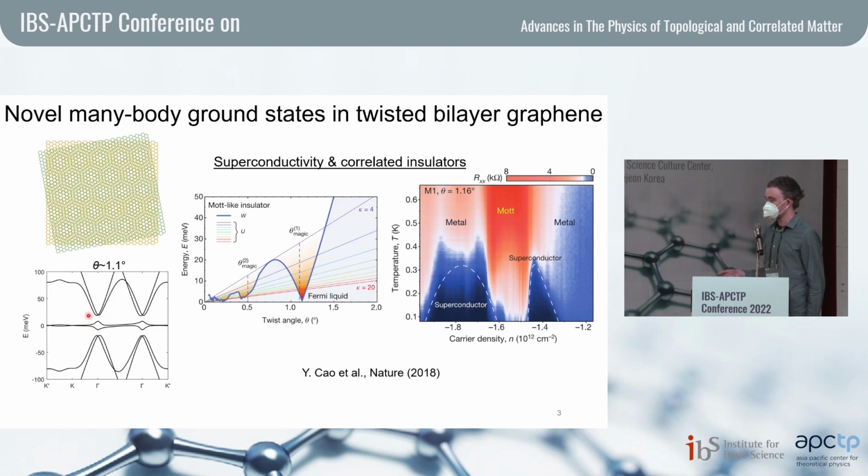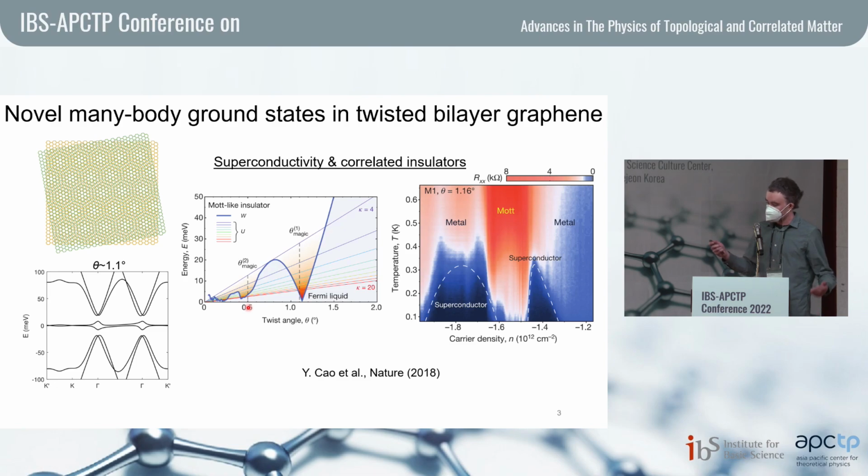So we're in a situation where the potential energy is way larger than the kinetic energy. You can visualize that on this plot here, which compares the bandwidth with an estimate of the interaction energy. But anyway, the lesson here is that this is a really rich system in which one can realize some really interesting interaction-driven states.